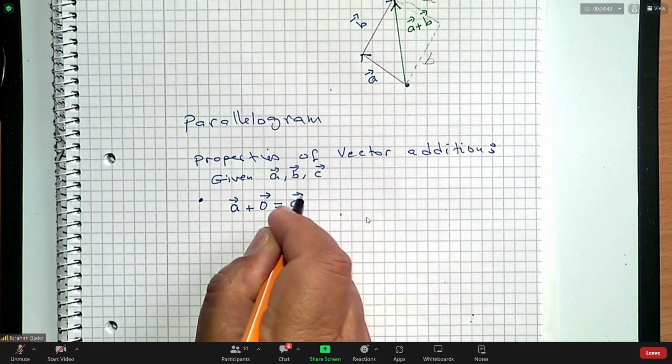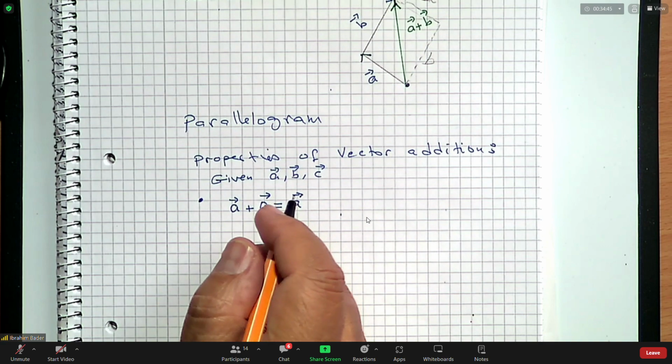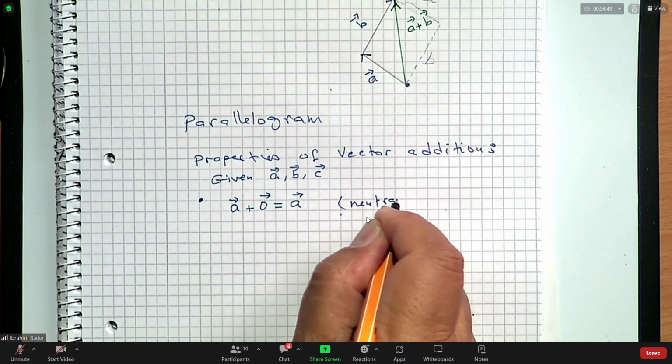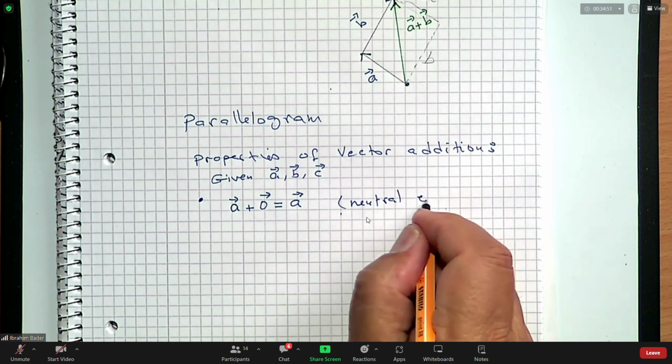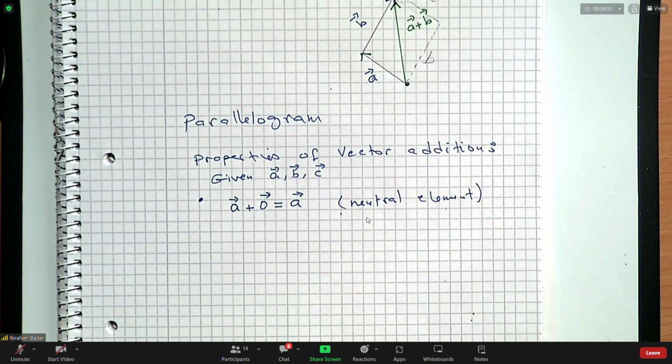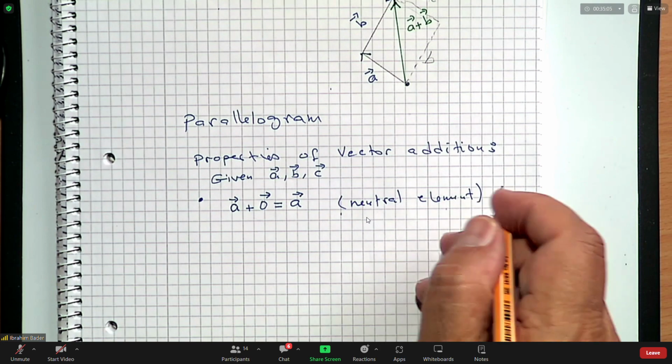This is the neutral element in the vector space, so it will not affect. Now, how to plot this? If you want to plot it, it's just a point.